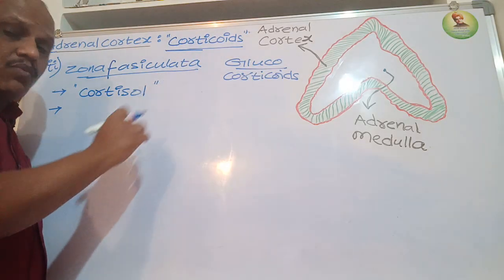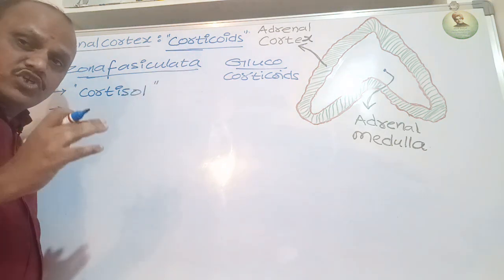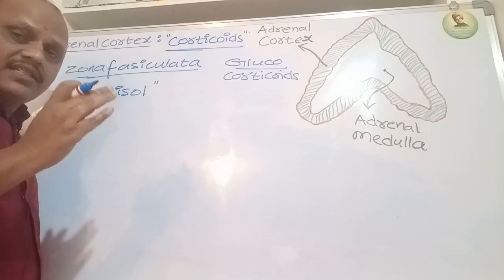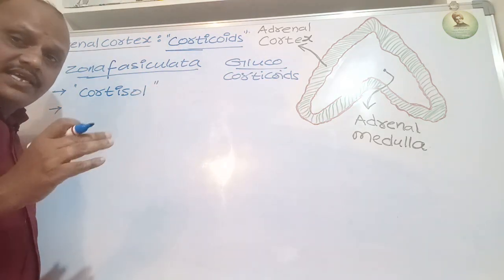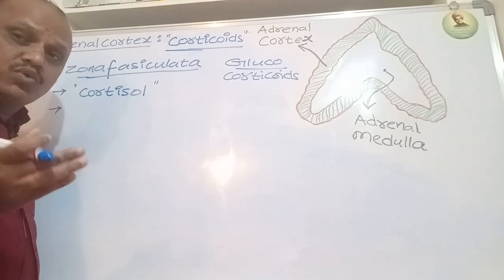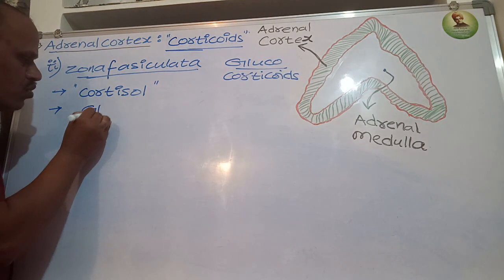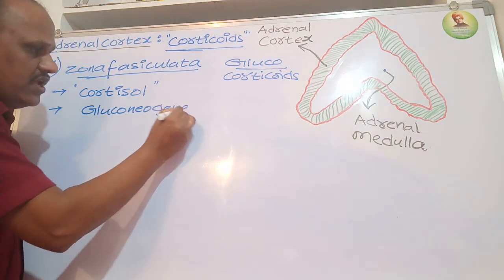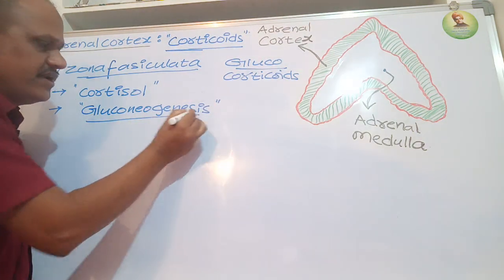The corticoids involved in carbohydrate metabolism are known as glucocorticoids. Carbohydrate metabolism here means gluconeogenesis, the formation of glucose from non-carbohydrate products.